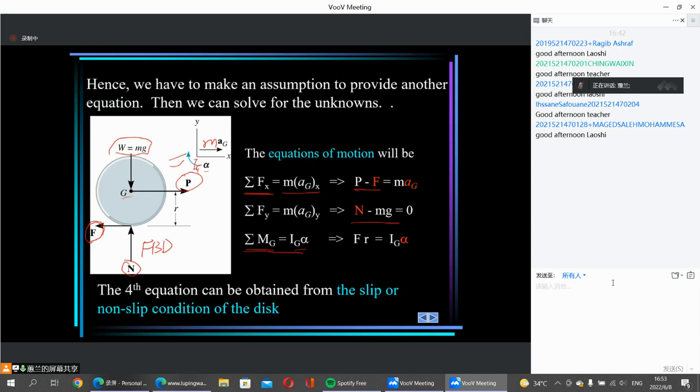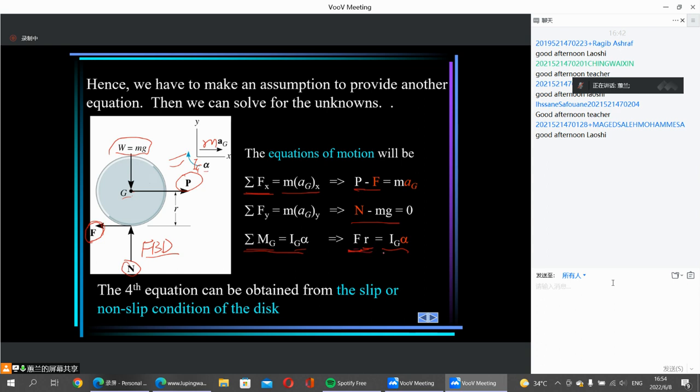So only the friction force actually produces the moment about G from the FBD, right? The moment arm is R, so we have FR equal to Ig alpha, okay?